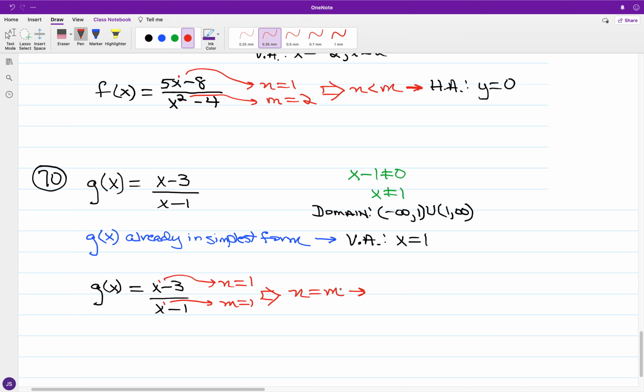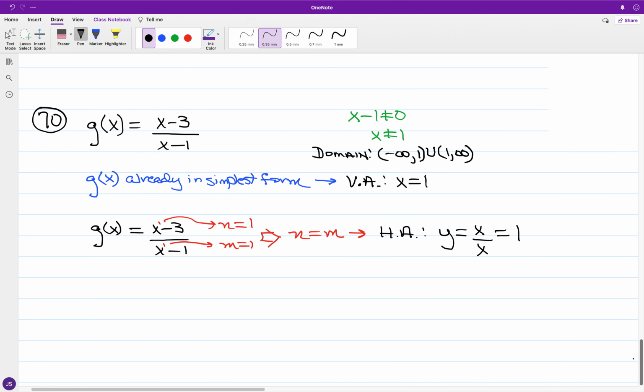If n is less than m or n is equal to m, there's going to be a horizontal asymptote. But now, with the degrees being the same, the horizontal asymptote is one where y is set to a non-zero constant. This is attained by taking the ratio of the highest order terms, x over x. So the horizontal asymptote reduces to y is equal to 1. So we have two asymptotes, one horizontal and the other vertical, respectively y equal to 1 and x equal to 1.